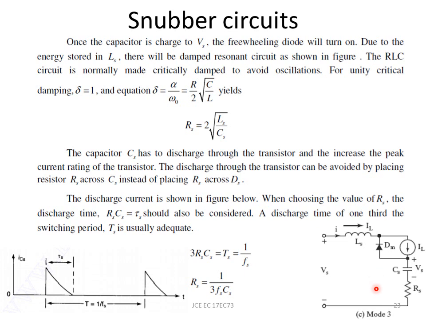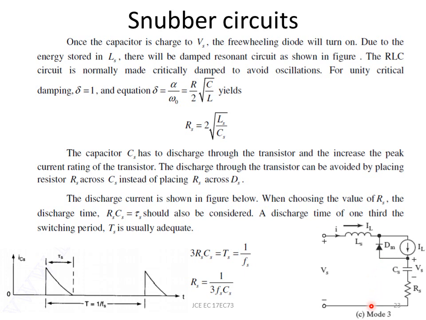Because this transistor turns on, this voltage will try to dissipate through that transistor. Since this as well as the load current together is going through the device, which is parallel to Cs, the current di by dt will be very, very high.